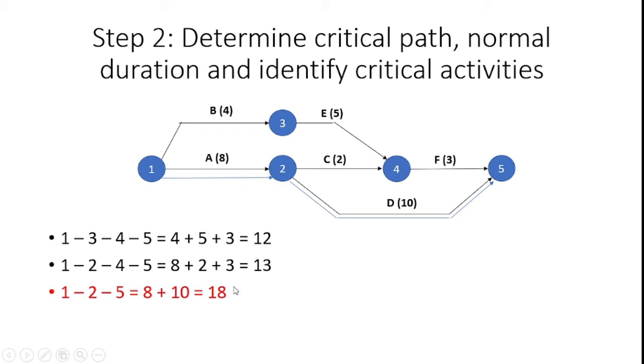The maximum is 18, so the critical path is 1 to 2 to 5, which consumes the maximum number of days to complete the project, 18 days. The critical activities are 1 to 2 and 2 to 5. Likewise, we can identify the critical activities; the duration is 18 and the critical path is 1 to 2, 2 to 5. This is the second step in the least cost schedule.